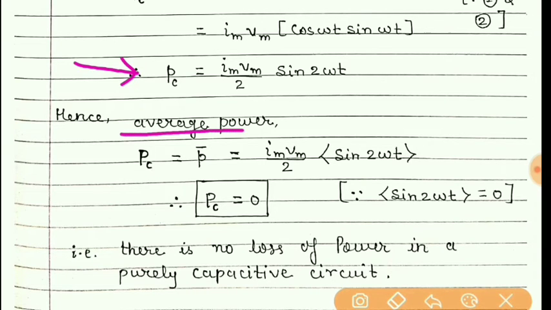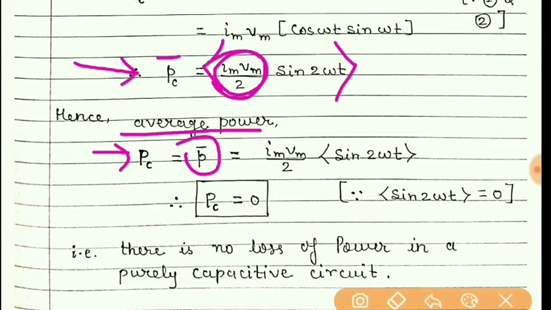Now if you want to find the average power denoted by capital P, then we have to take the average of this. We know that constants are taken out from the average. Constant means they do not change, and so they are taken out.